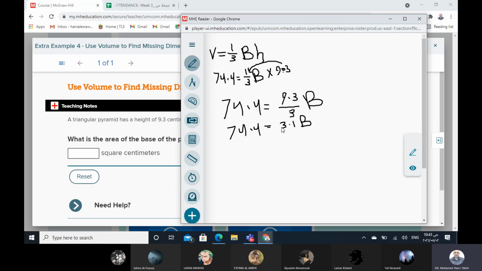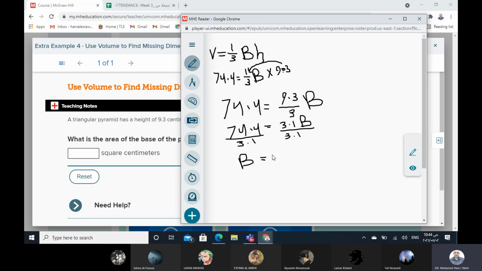How to solve this equation? Take the coefficient 3.1, then divide the two sides by the coefficient. Divide here by 3.1 and divide here by 3.1. So 3.1 divided by 3.1 will be 1b, means b equals 74.4 divided by 3.1.